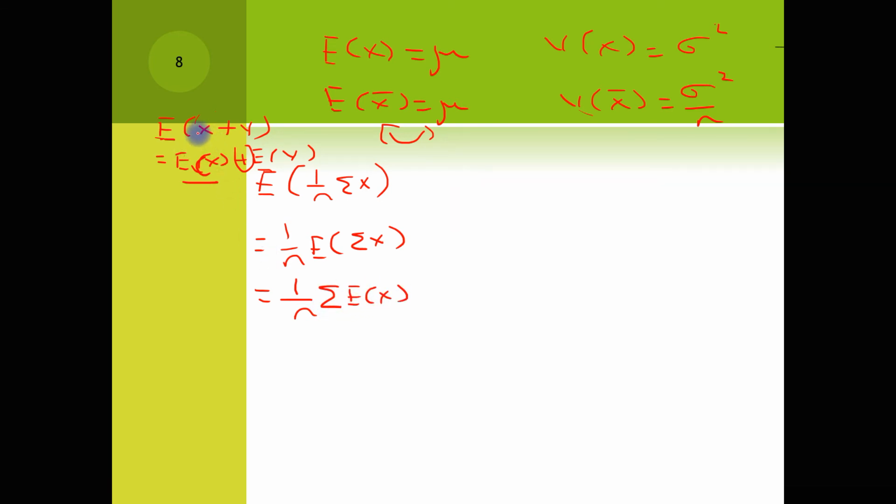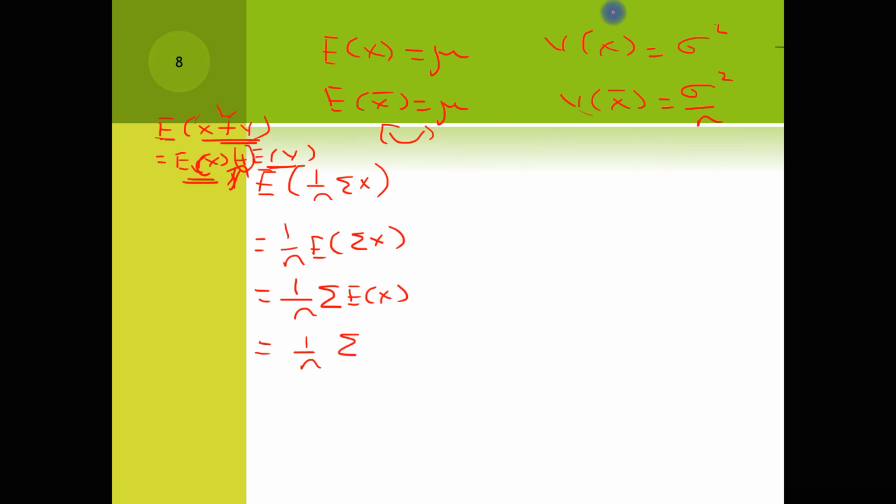So you have 1 upon n, sum of expected value of x.